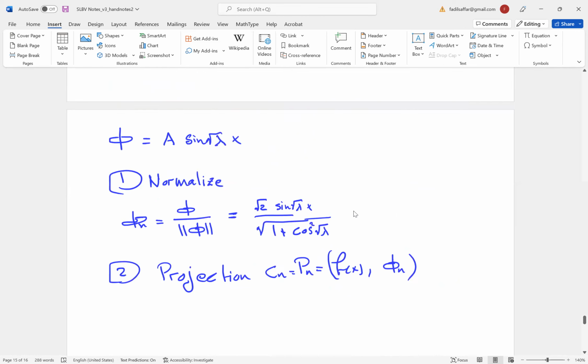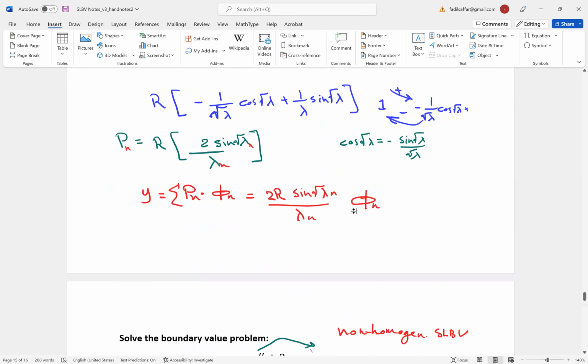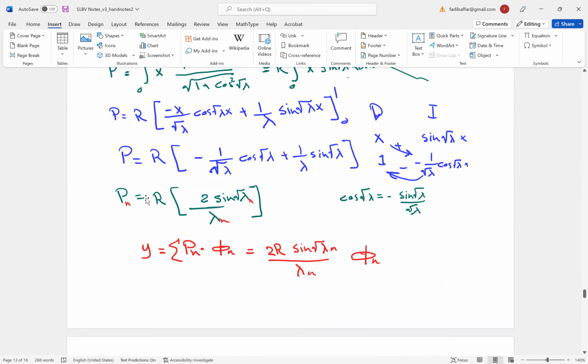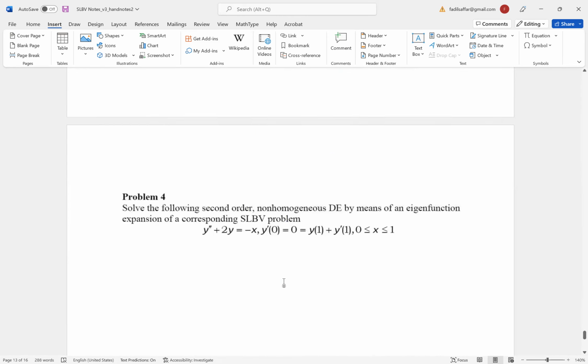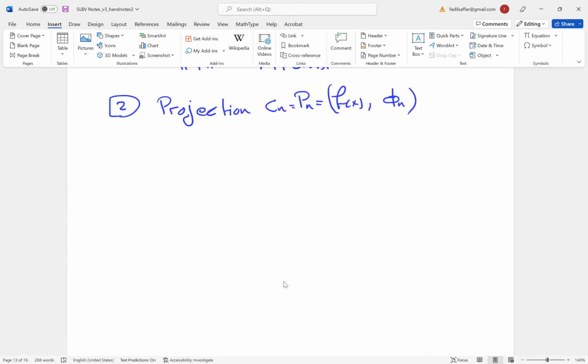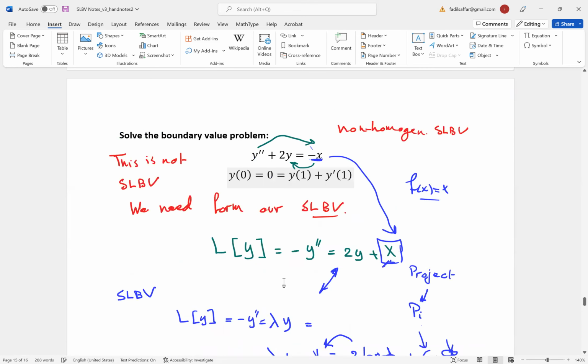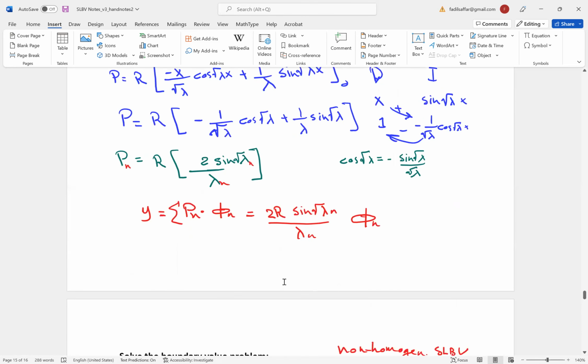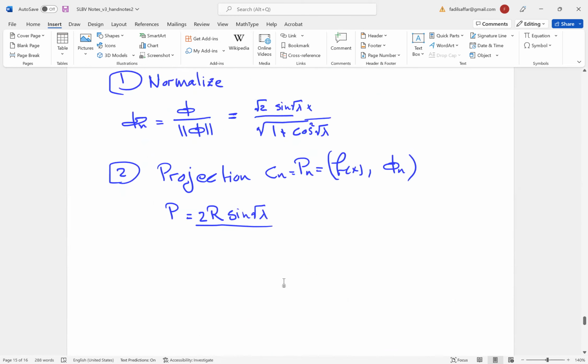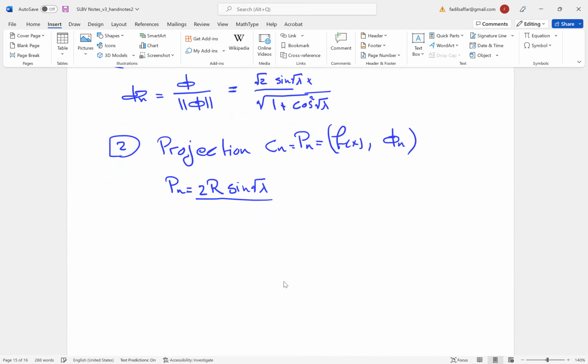We already found that value in the previous problem, and it is basically this one. That projection is basically r times 2 sine square root of lambda divided by something, divided by lambda n.